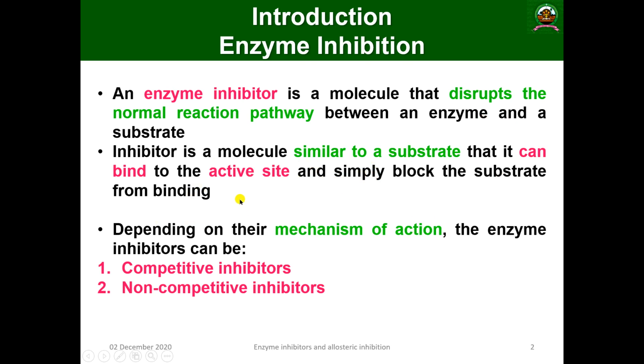That is known as the enzyme inhibitor. So it is very essential to regulate enzymatic activity by proper inhibition. That is the activity of an enzyme inhibitor. The process of inhibition of an enzymatic pathway by an inhibitor is known as enzyme inhibition.